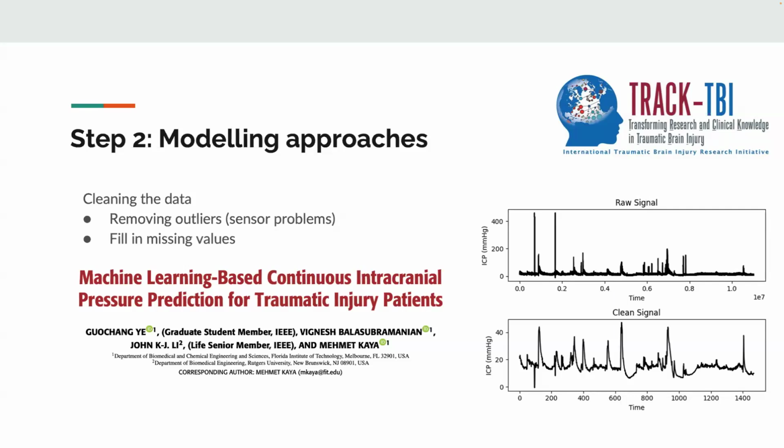So we remove everything which is above 80. Then if you look at the clean data, we see that when this smoothing algorithm has done its deed, it shows a more realistic scenario for ICP data, while still having some very high peaks. That's really nice because that's what we want to keep in the data.